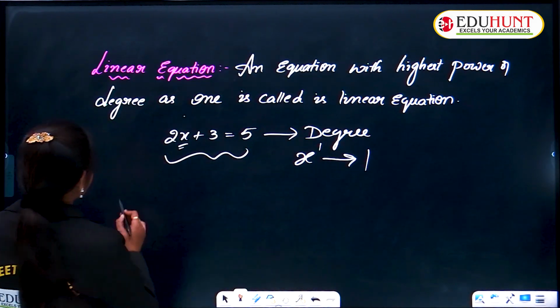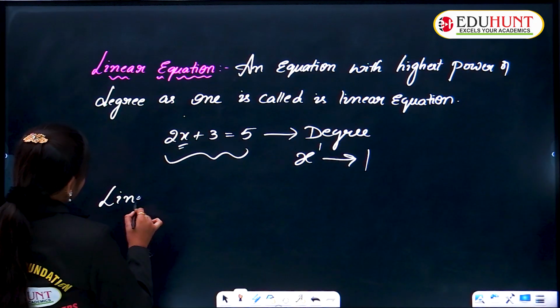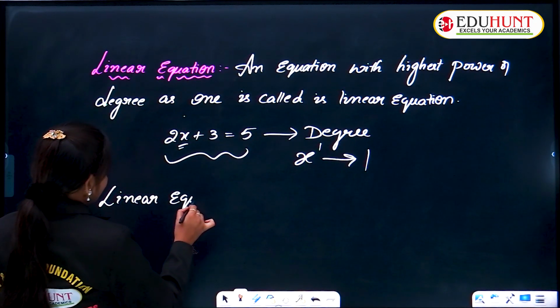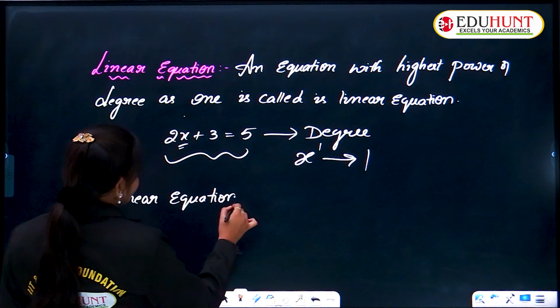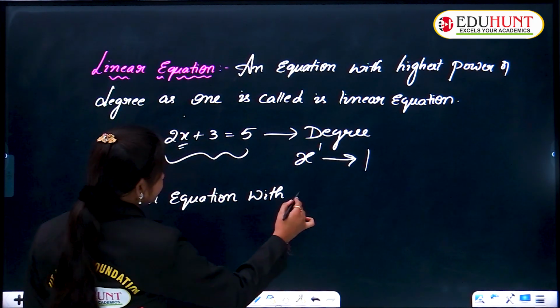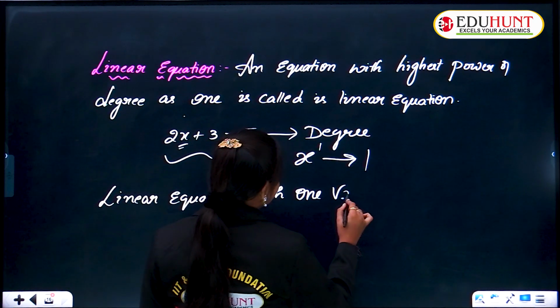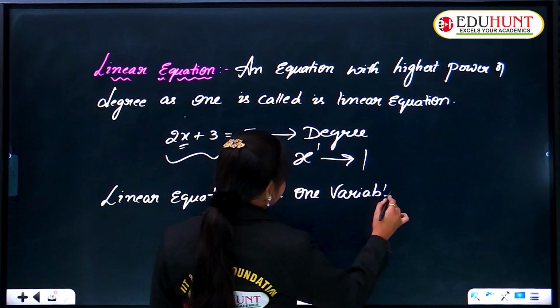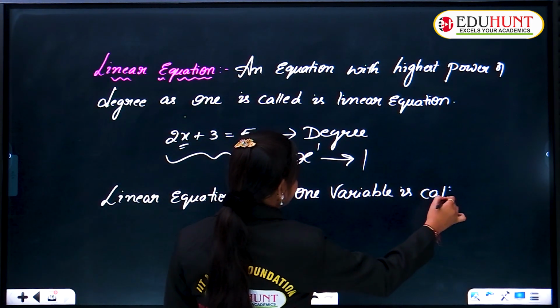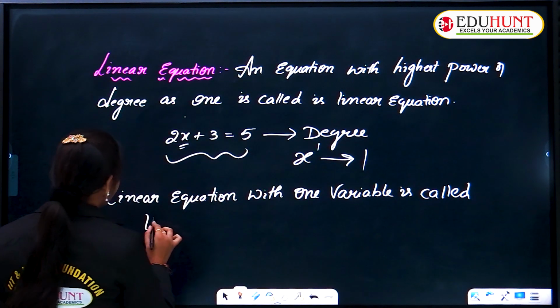A linear equation with one variable is called a linear equation in one variable.